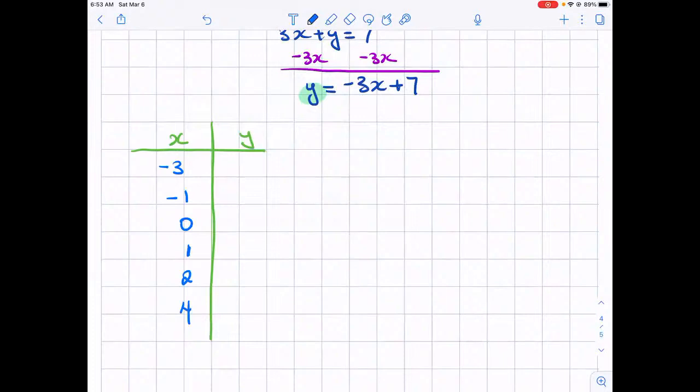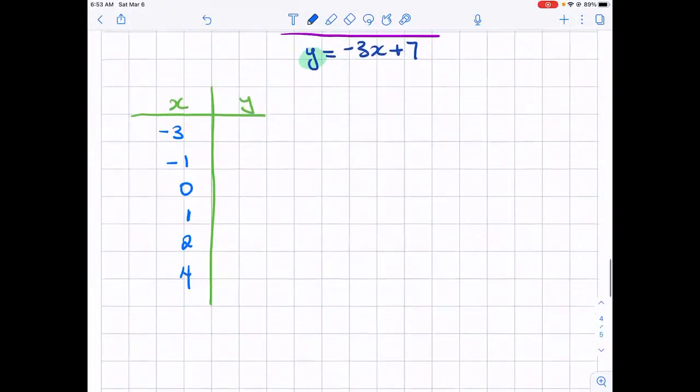You are randomly choosing these values. And then what we will do is find y.